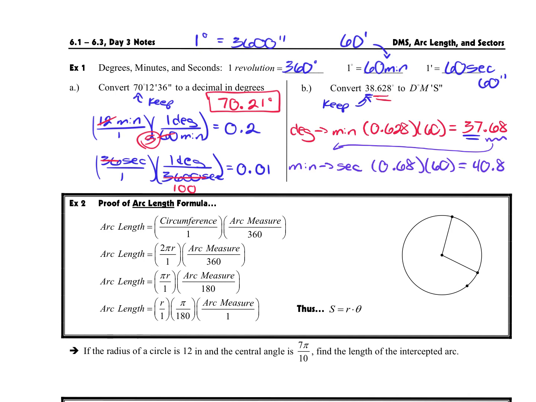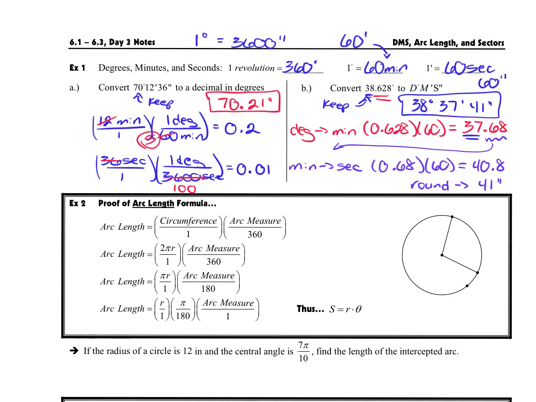And now we can go ahead and round that one. We won't round until the end, and we will round this to 41 seconds. So when we look at our final answer, we can see that we'll have 38 degrees, 37 minutes, and 41 seconds. So that's going to be our final answer right there.